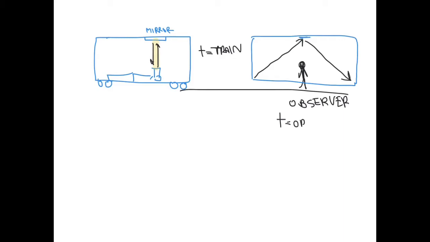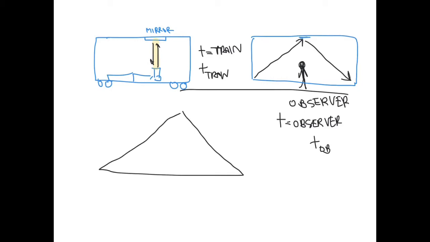And we would call this the time of the observer. And they're going to observe it taking longer because it's going a longer distance. So, we'll just abbreviate, well, we'll say the time of the train. So this creates a triangle.